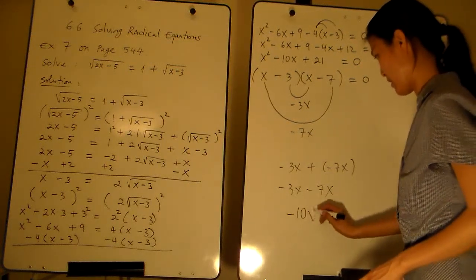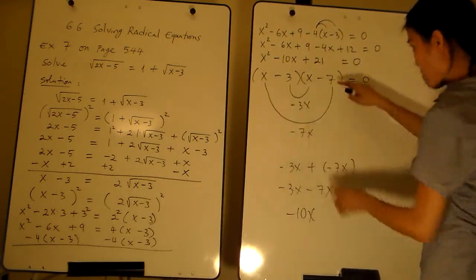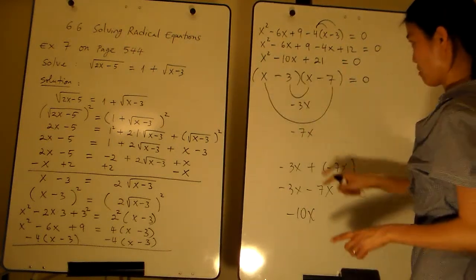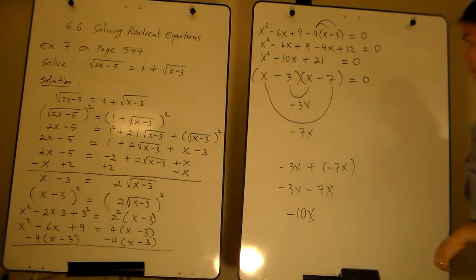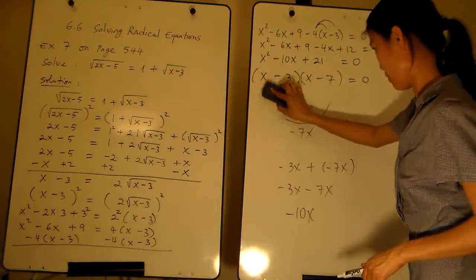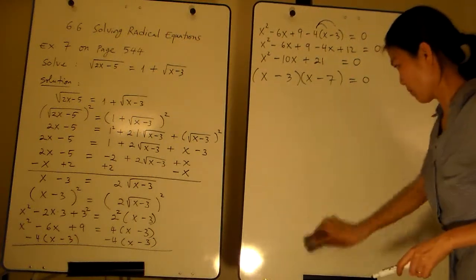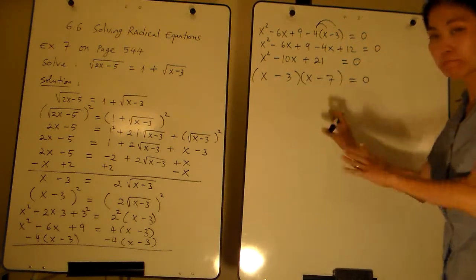Simplify, you get negative 10x, which is the middle term here. x times x is x squared, this term. Negative 3 times negative 7 is positive 21. So you know that you got the two correct factors for the trinomial. Again, this is nothing new. You can review it if you don't see it.